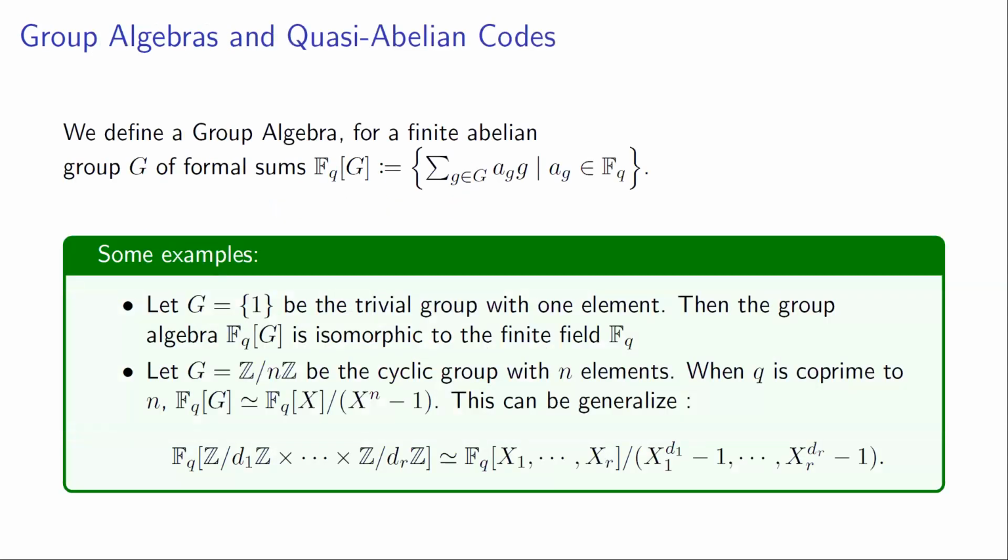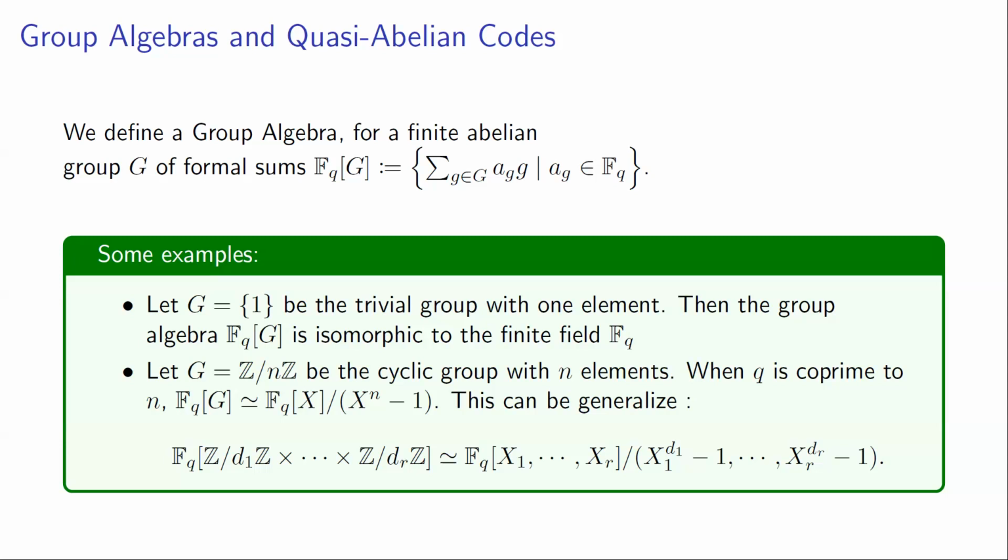So going on, I'm going to explain this assumption, and therefore what Quasi-Abelian codes and group algebras are. We define a group algebra, FQ of G, for a finite abelian group G, as the set of all the formal sums. And I give you here two examples. One is for the trivial group, where G is just one element.